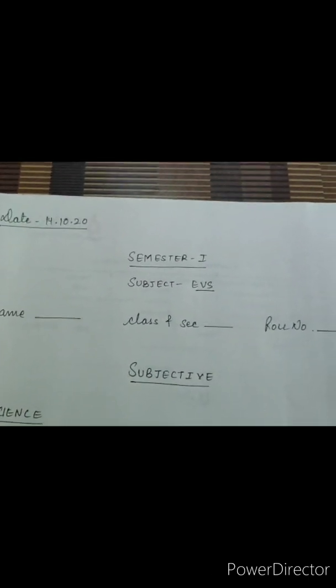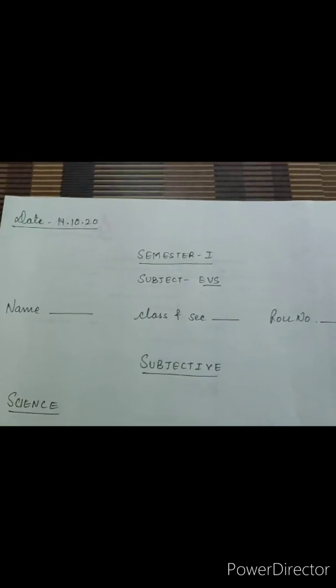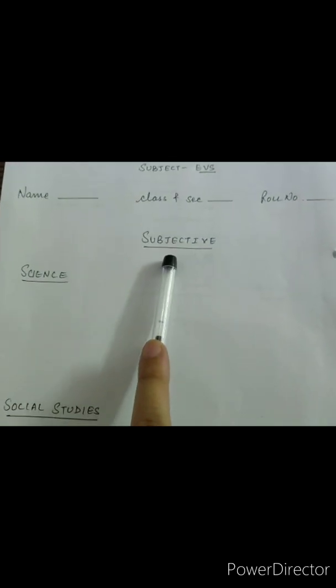It is very mandatory, you have to write down all these details on each and every sheet. Then put down the heading subjective, science, and write down the answers of science in this column here.